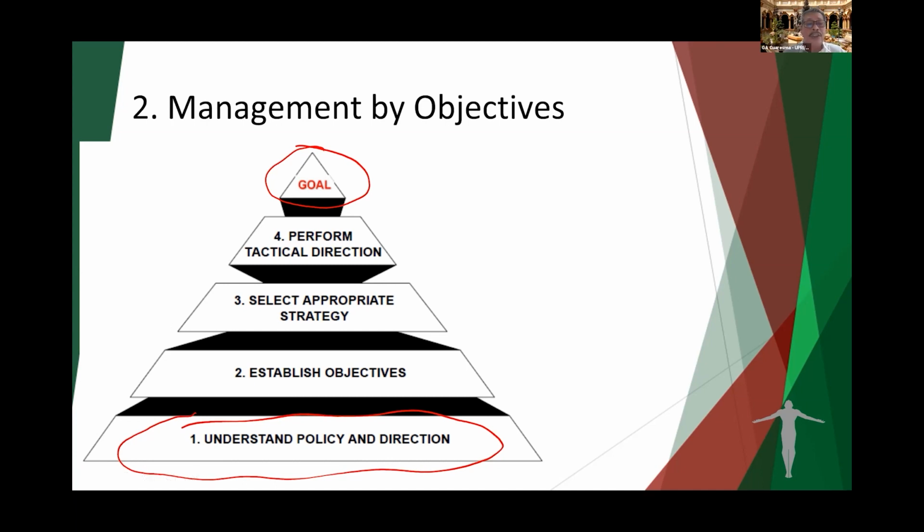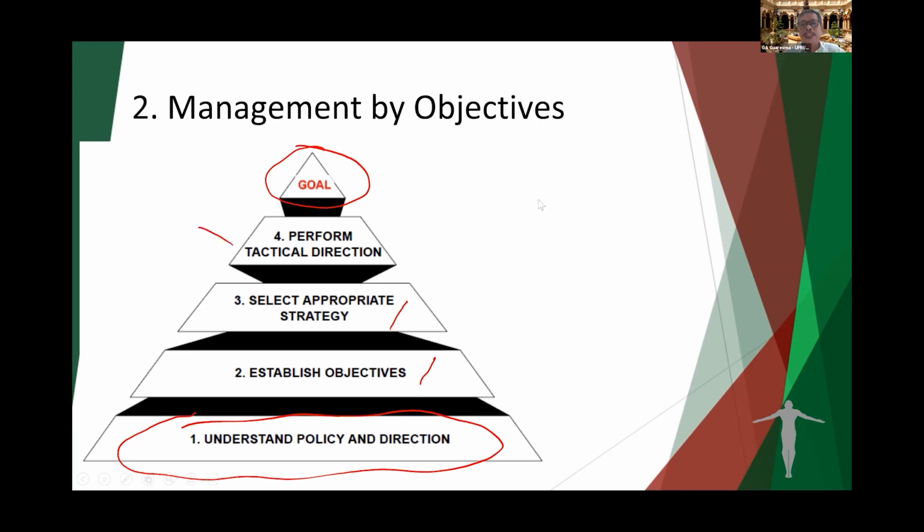Now, given the scenario, the incident commander will establish the objectives, and then with the help of the planning and the operations section, select the appropriate strategy, and the operations section performs the tactical response.